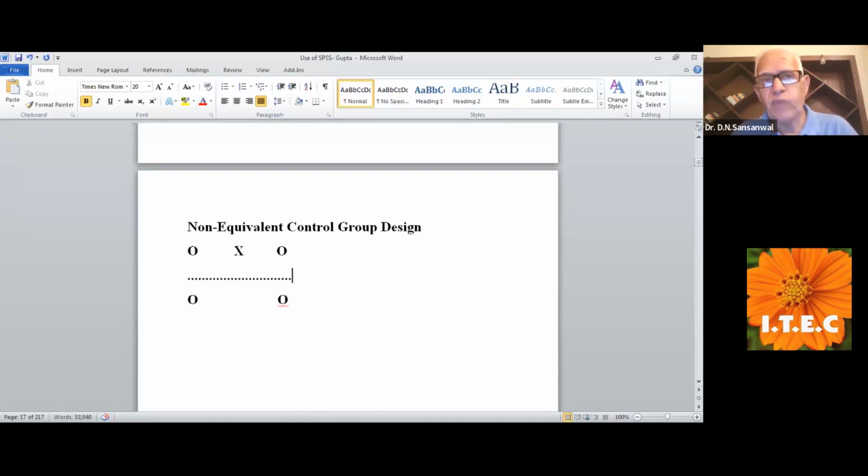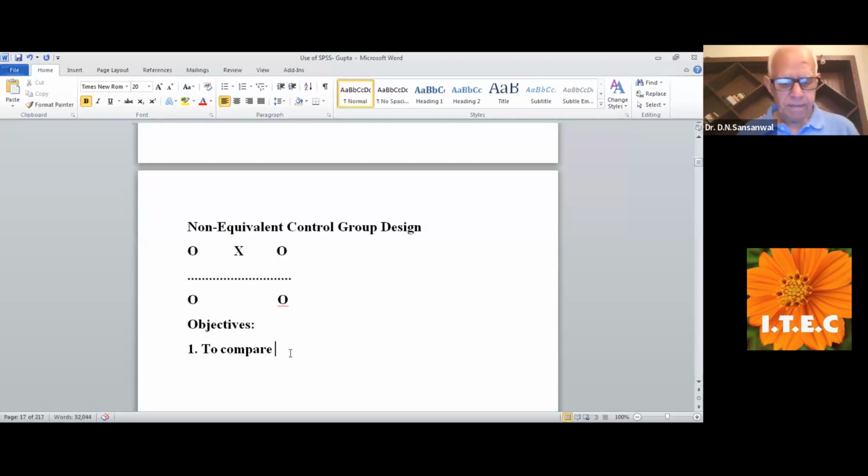Now, if this is the one, then how do I write objective? I can write objective like this. I can write objective to compare adjusted mean scores. So it was a creativity. So I have administered the creativity before the treatment and after the treatment in both the groups.